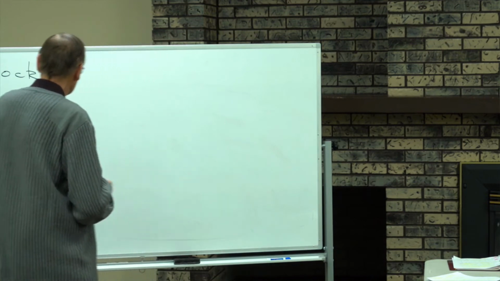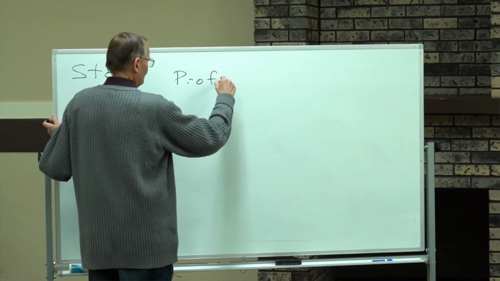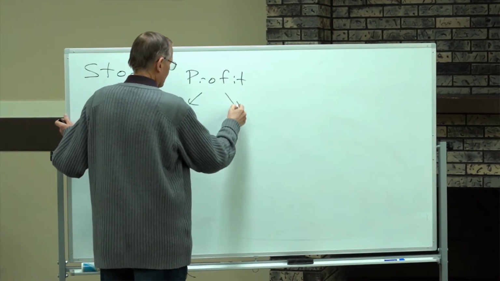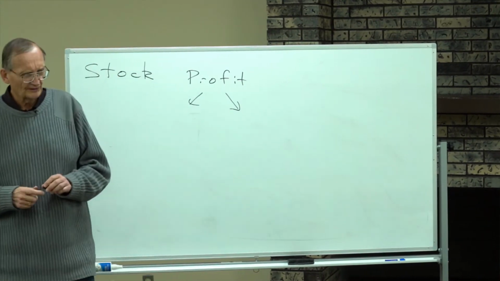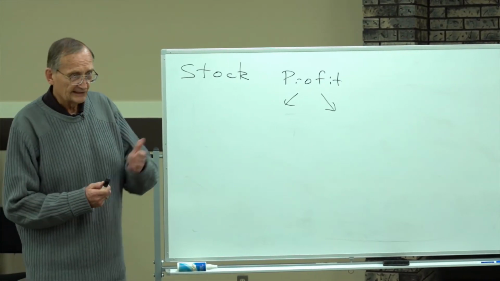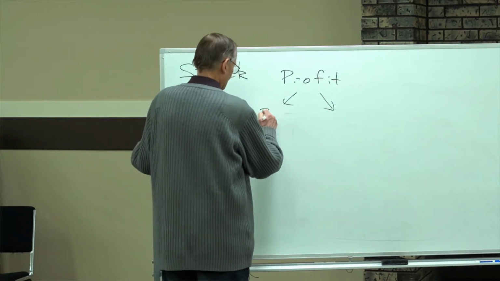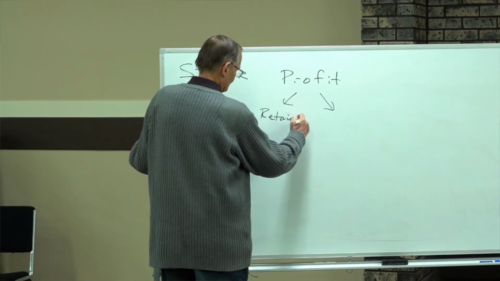Now, when a company makes profit, and you'll know this from accounting, some of you have taken it, does it necessarily give that to the stockholders? No. It can keep the money and use it for investment, and you'll look in the financial statements. That's called retained earnings.